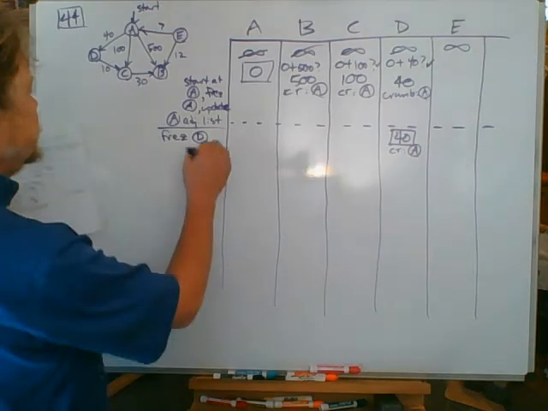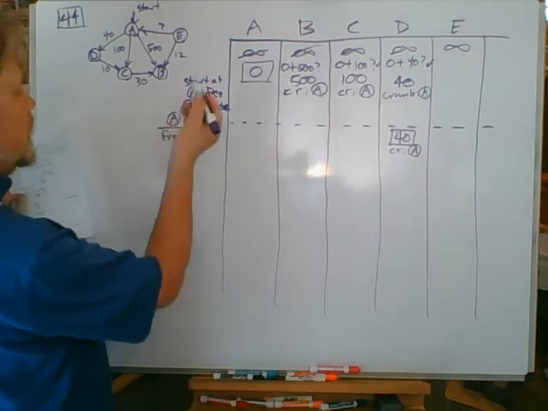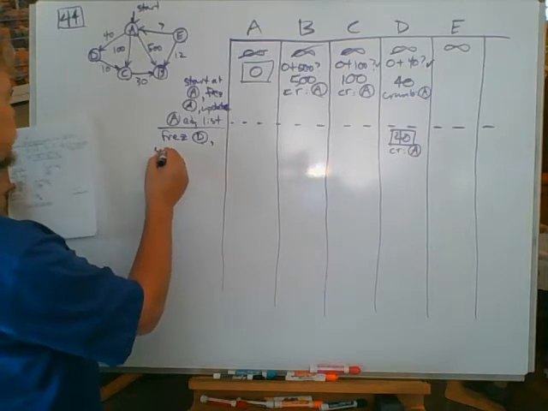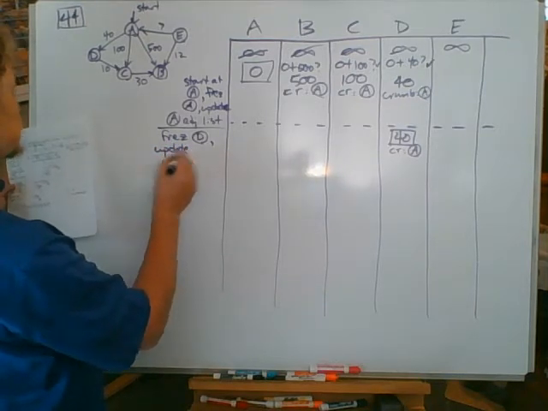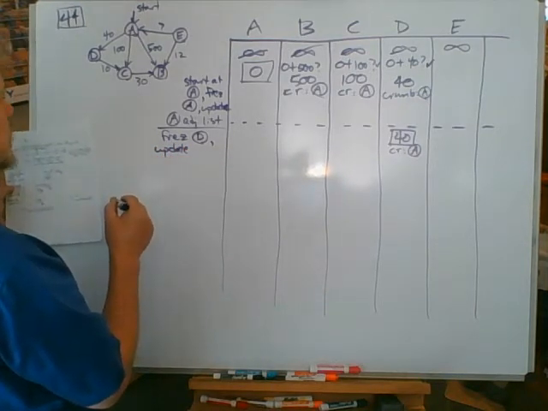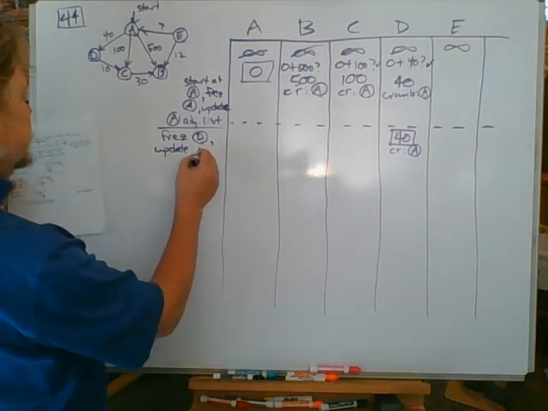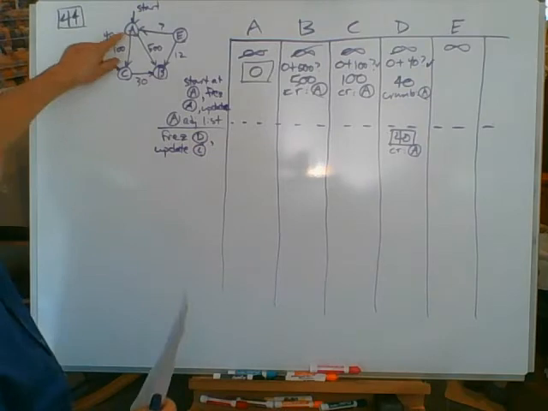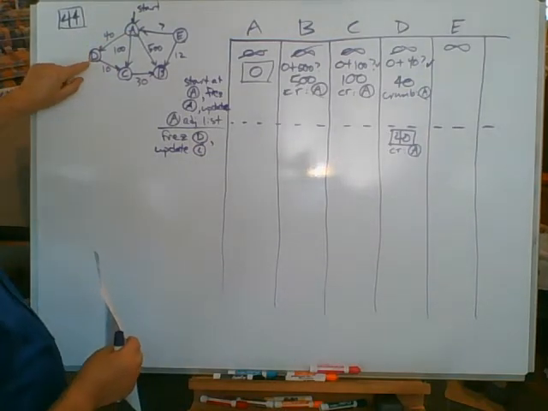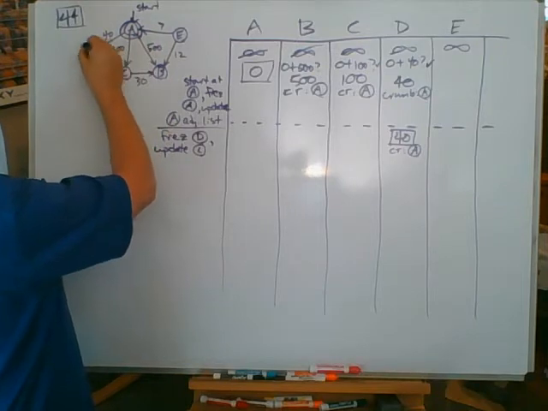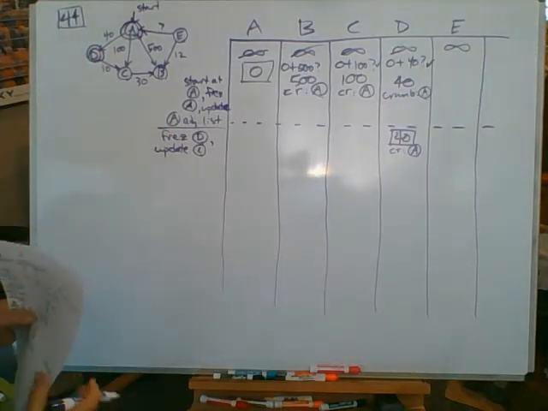So after we freeze D, we need to update everything in D's adjacency list. Who is in D's adjacency list? Not a whole lot. Update C, that's it. If we look at our tiny little graph, D, you're now frozen. I can at least double circle the ones that are frozen to know that I'm not even supposed to look at them anymore.